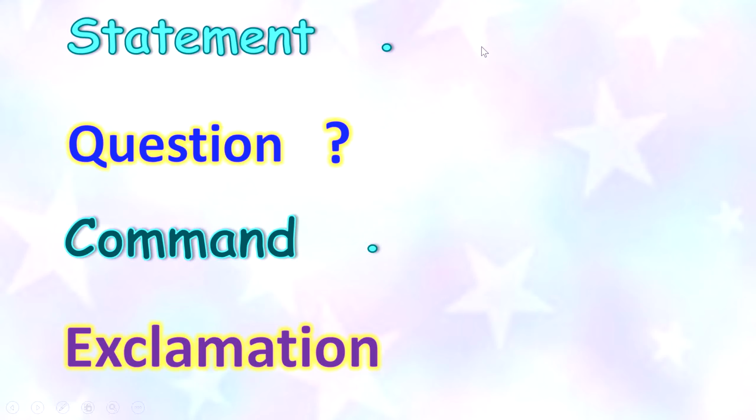Here we have a subject, we have a noun. But here we don't have a subject, we don't have a noun or pronoun. We have immediately the action verb. And the exclamation shows a feeling, and it ends with an exclamation mark. If you remember, we put the exclamation mark inside a heart because every exclamation shows a feeling.